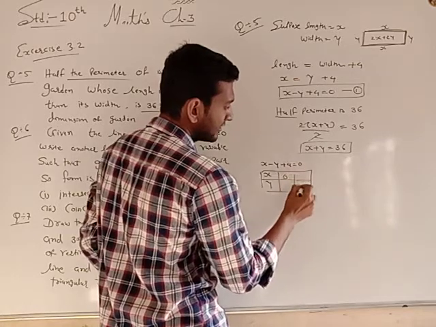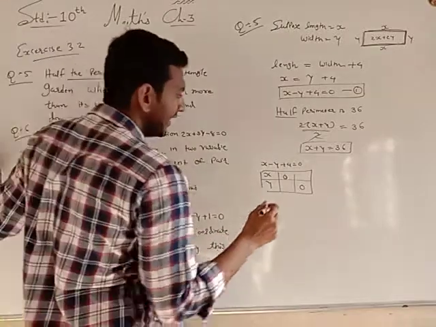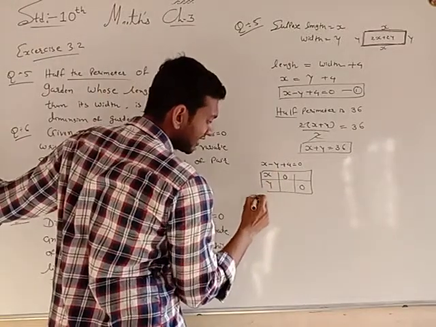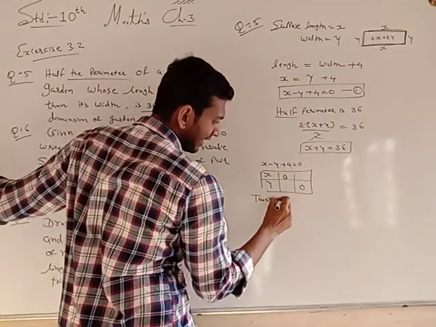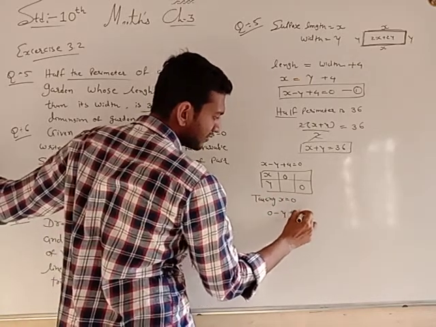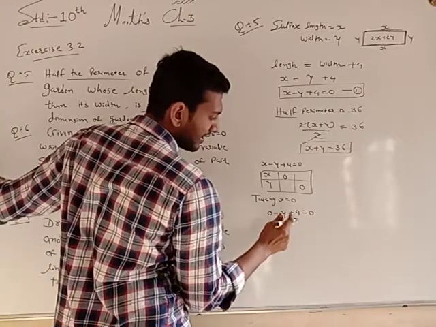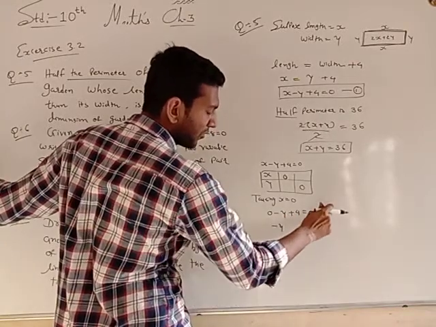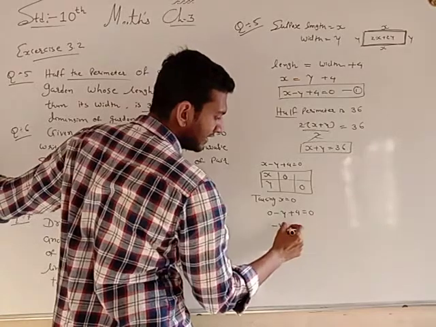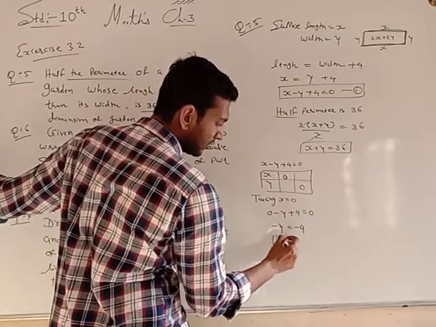Taking x is equal to 0, you get 0 minus y plus 4 is equal to 0. So minus y plus 4, move to the right side it becomes negative, minus cancels, y is equal to 4.